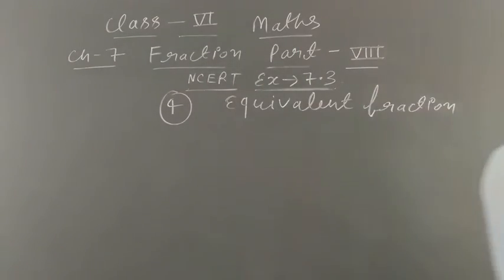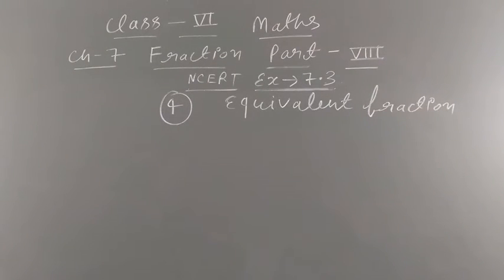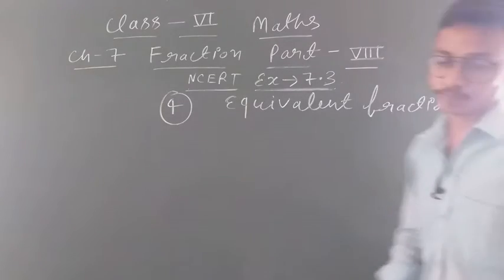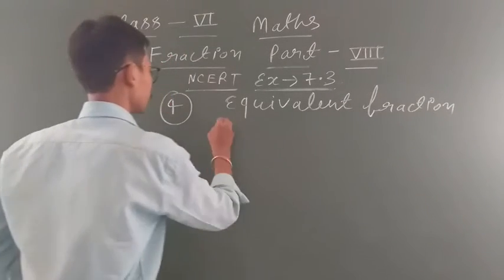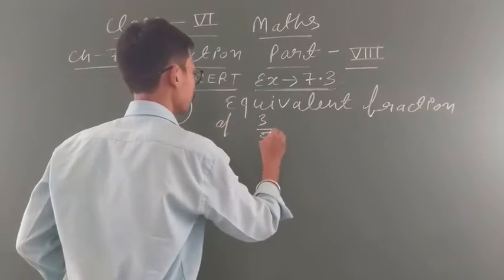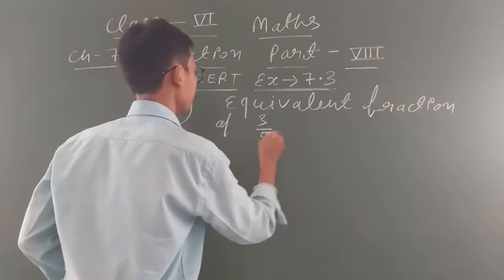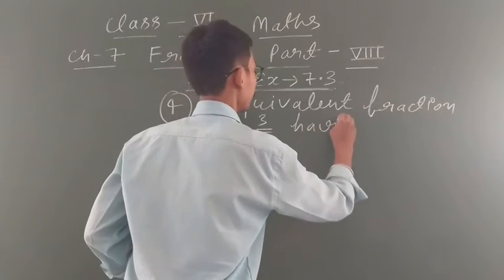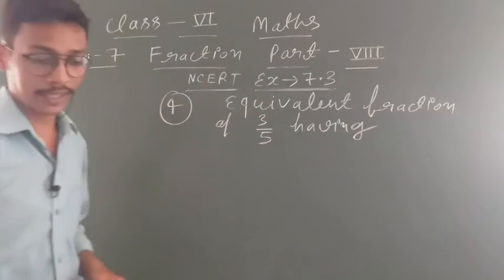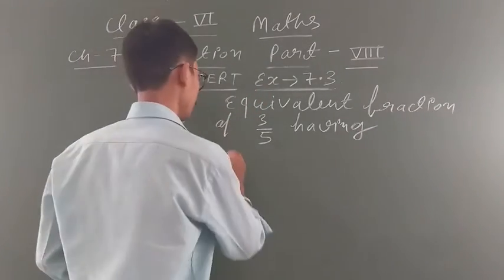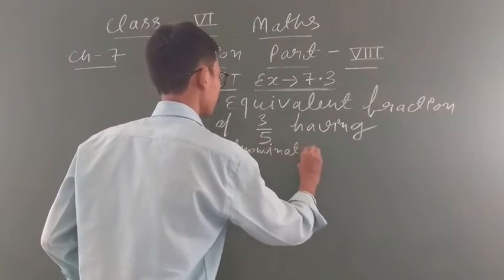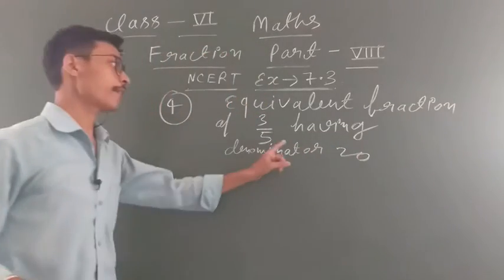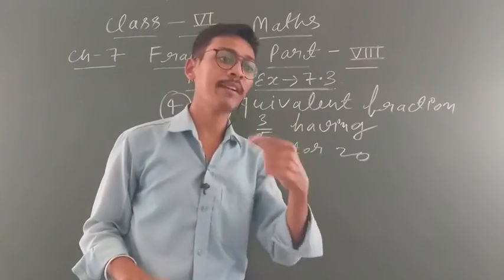Okay, student, you have to find out the equivalent fraction of 3 upon 5 having denominator 20.